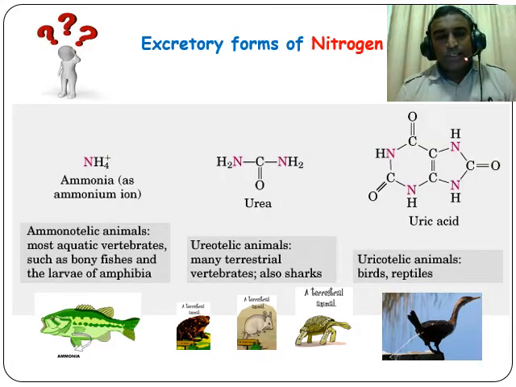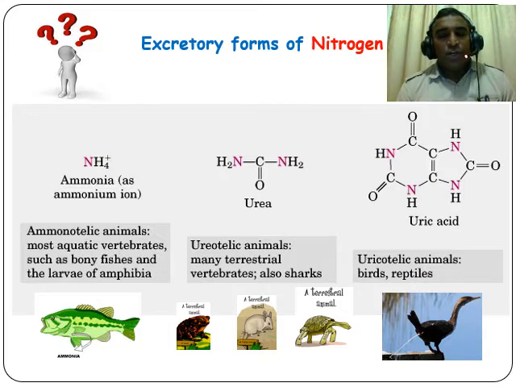So here we summarize how the excess ammonium is excreted into the environment so that it is not toxic to the body of the organism. In terms of how it is excreted, there are three forms.